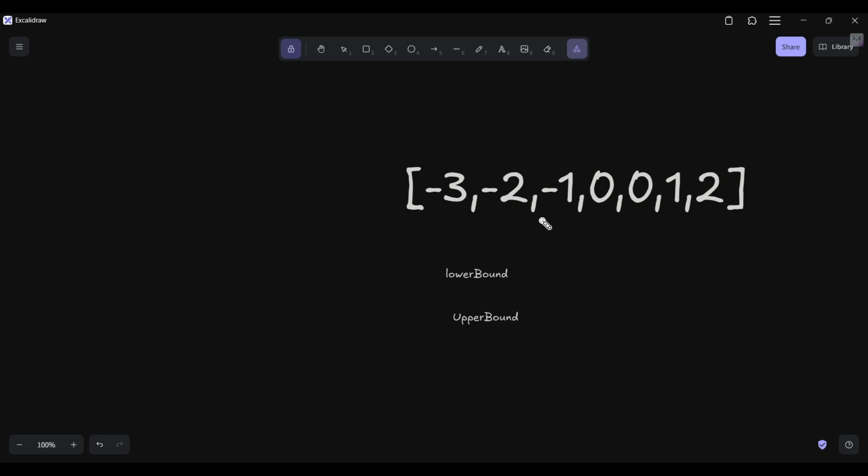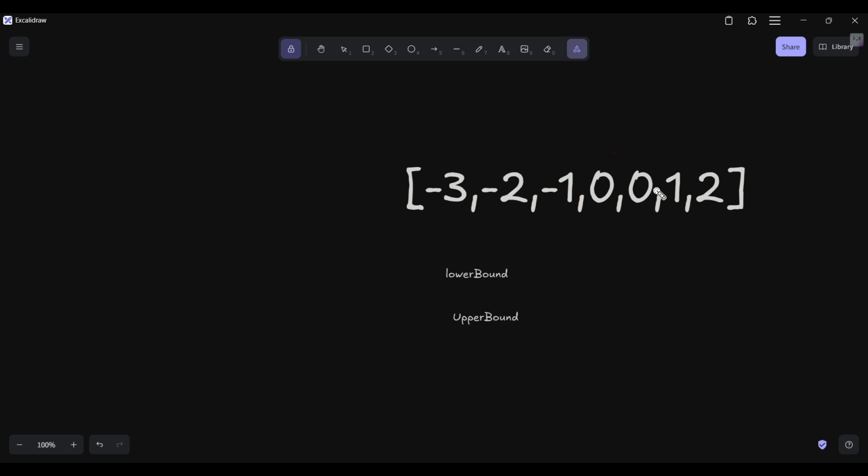But the total number of negative integers is 3. So if we get the lower bound on 0, we can return the index of 0, that would be 3. We can say that the index of 0 is the total number of negative integers, because all the numbers to the left of this 0 are negative integers.